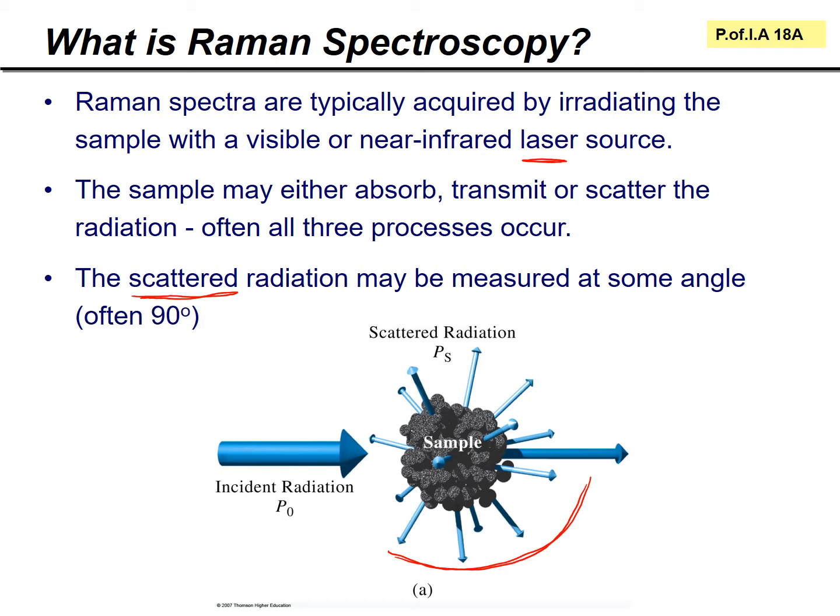Now, as we saw with near-infrared, when you bring a lot of photons of high energy onto a sample, often you can get absorption, transmittance, and scattering all happening at once. And this is indeed what happens with Raman. And with the Raman measurement, it's the scattered photons that we're trying to collect. That's where the information about the vibrational motions is to be found.